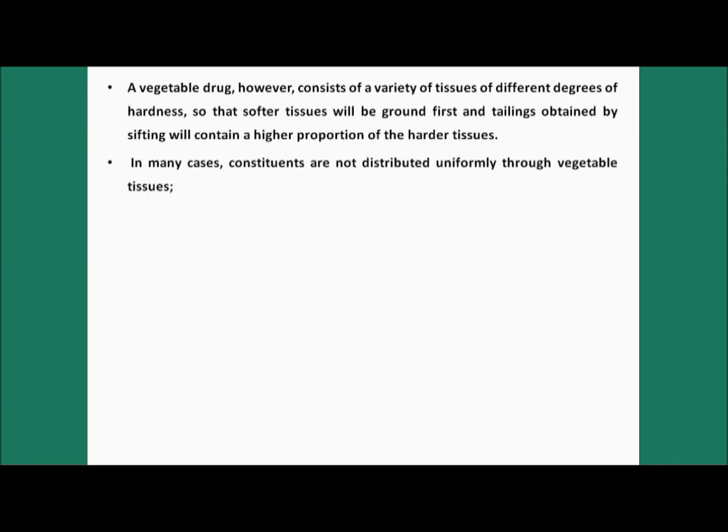In many cases, the constituents of the drug in the vegetable drug are also not uniformly distributed. For example, digitalis is a herbal drug. Digitalis has cardiac glycoside, and most of the cardiac glycoside is found in the midrib and veins of the digitalis leaf, right?